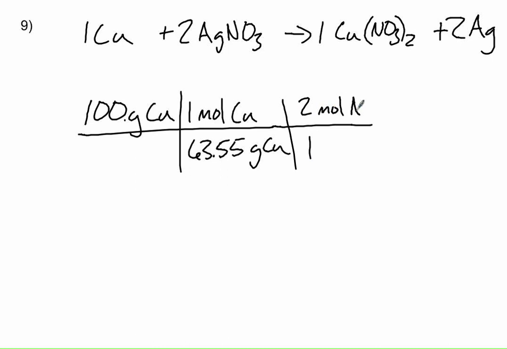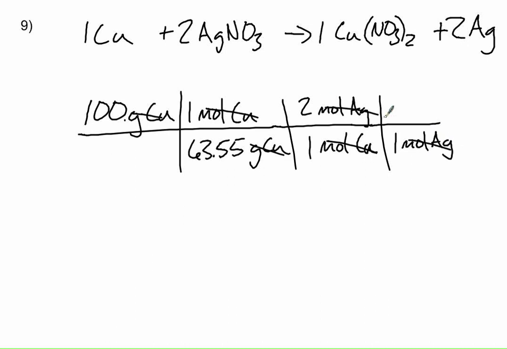Moles of silver for every 1 mole of copper. And then lastly, I don't actually want moles as an answer, and that's what I'm in right now. I want grams of silver as an answer, so I have to multiply by a molar mass for silver. So 1 mole of silver needs to go on the bottom, so I can cancel moles with moles.